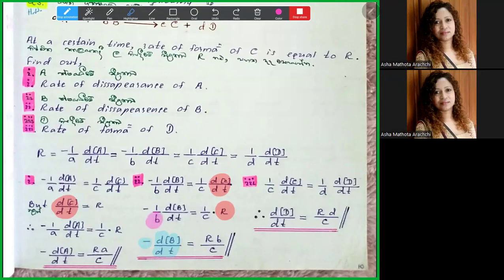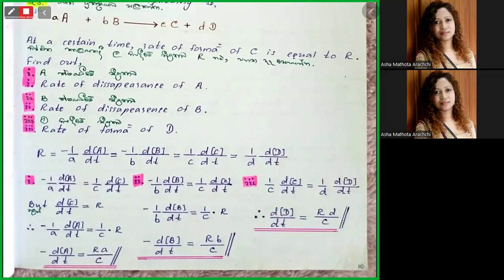Then this B becomes multiplicity, RB over C. Same way, this again equals R. So if I subject this part, the dD over dt, that becomes RD over C. Clear? Both good answers. Good.